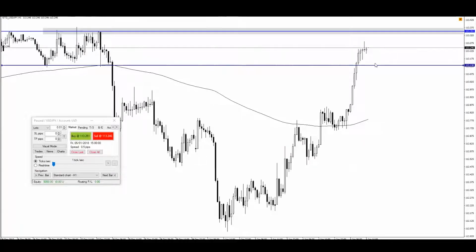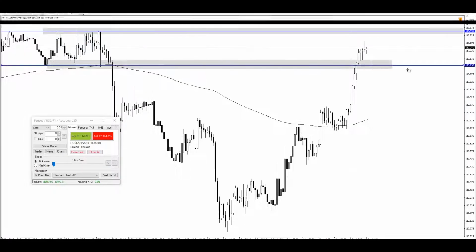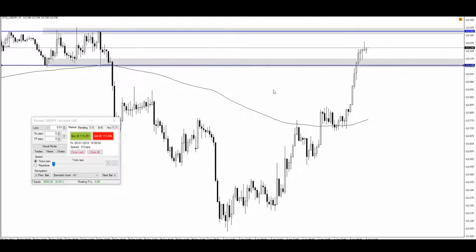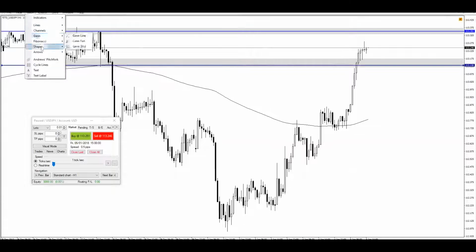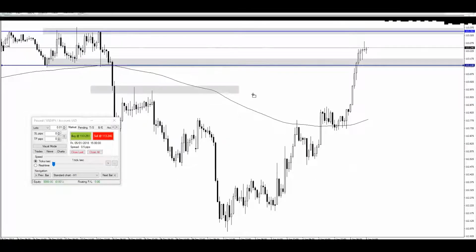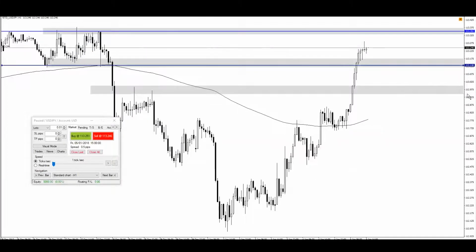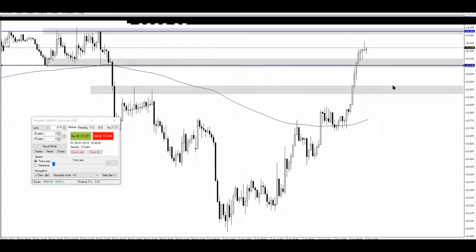Now when we look at support, we see our first area right over here, and then our second area right over here. So this tells us that if price comes down, these are the areas where price can come in to tap.